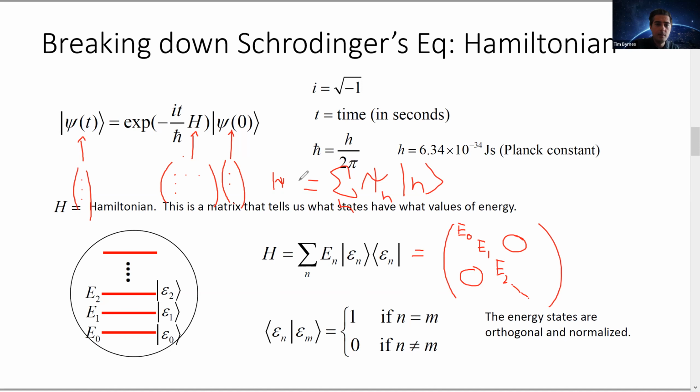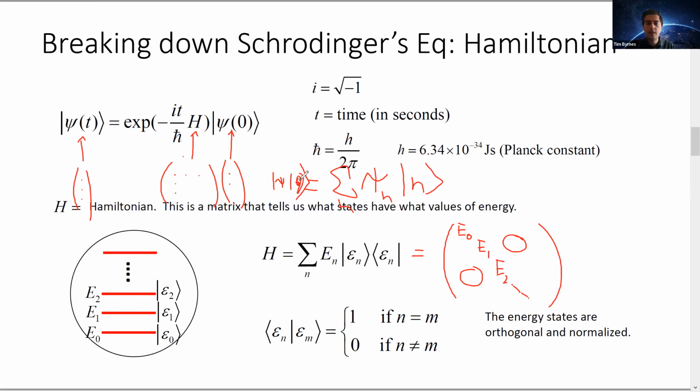Say at time 0, my state is like this, and maybe I'll put a 0 here. So the initial state is some kind of state written like this.